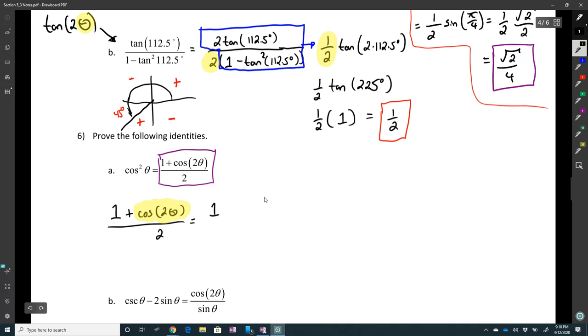This is just 1 plus cosine squared theta minus sine squared theta. And no matter what the formula you use, you're going to end up with a similar answer. I just chose the first one. All right. So one thing you'll notice is I can rewrite this.